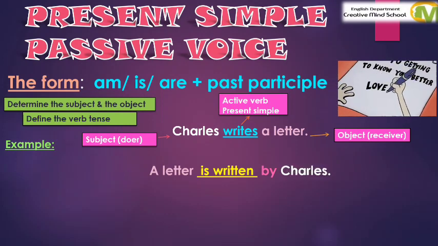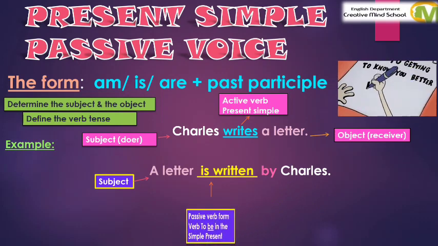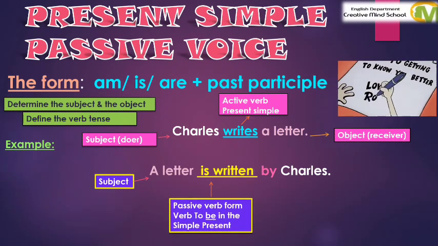A letter is written by Charles. Here, please note that a letter is a singular word, so we use the proper form of verb to be with the letter. We say a letter is written by Charles. A letter here is the subject, and is written is the passive verb form, and by Charles is the object.